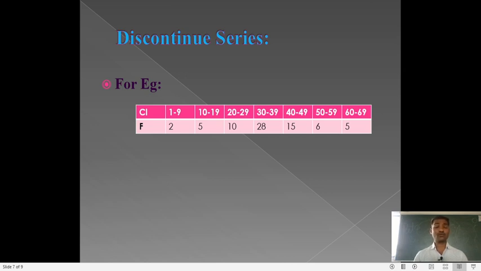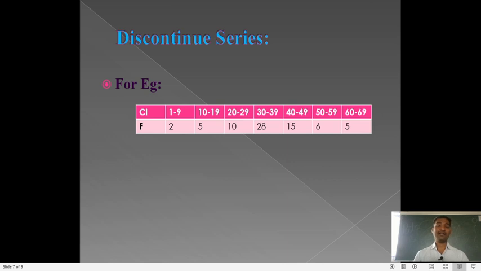It is also called an inclusive type data series, and we have to exclude that gap. There is an upper limit and a lower limit: 1 is the lower limit of the first class and 9 is its upper limit. To fix this, we subtract 0.5 from the lower limit and add 0.5 to the upper limit.